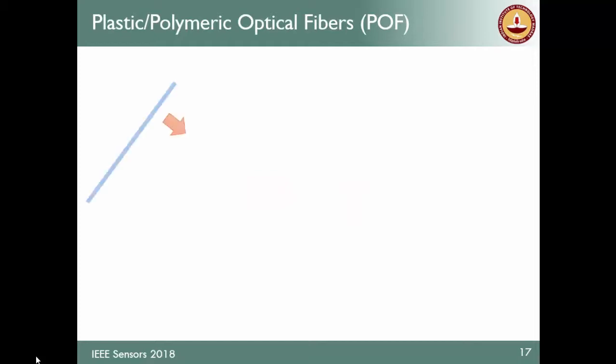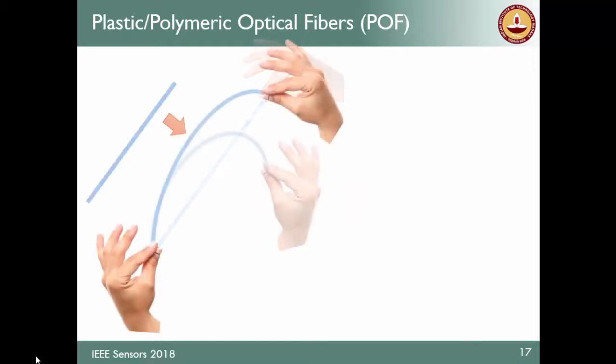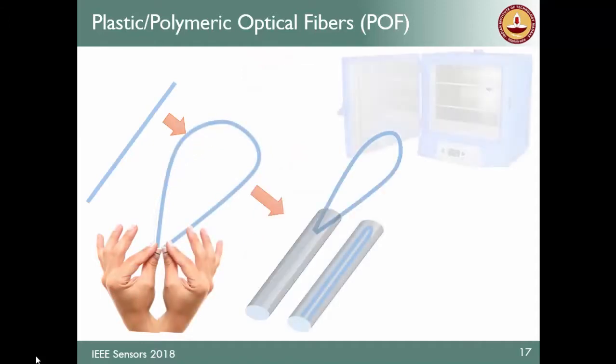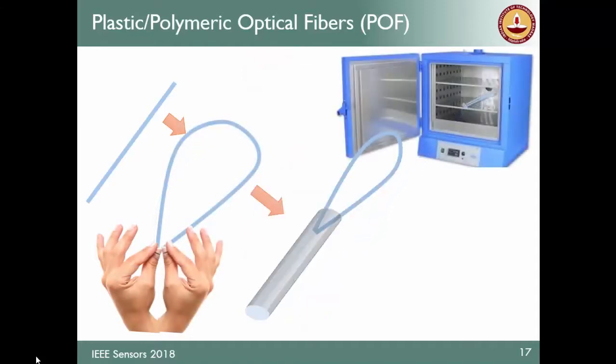What we did was take a fiber, bend it, push it into a glass capillary, and then put this glass capillary in hot air for 20 minutes. You get the fiber, and we have to cleave this fiber at the tip.